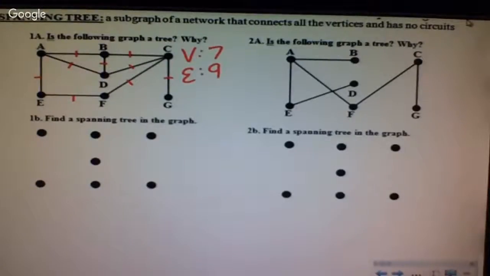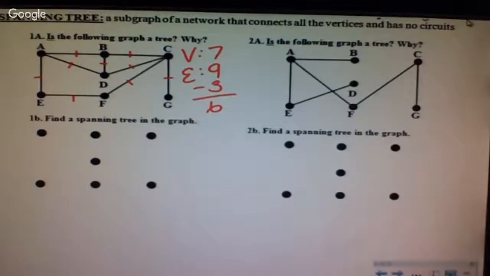Nothing closed off. It should just be reached out to. So, I need to somehow get this down to 6. How do I make 9 into 6? Subtract 3. We need to get rid of 3 of those lines.